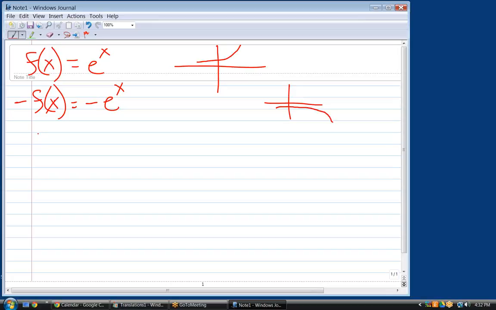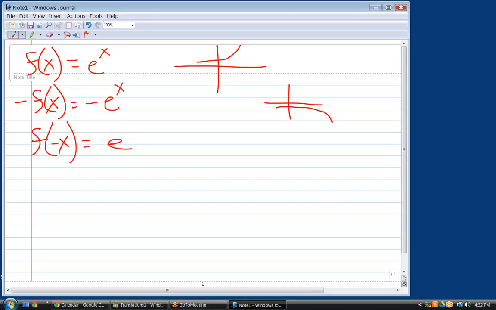Now let's talk about this. What does that become? That would be e to the x, right? Because it's even. Now you take whatever's in the parentheses and you plug it in for wherever you see x.